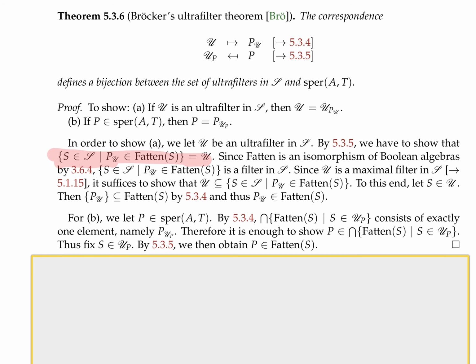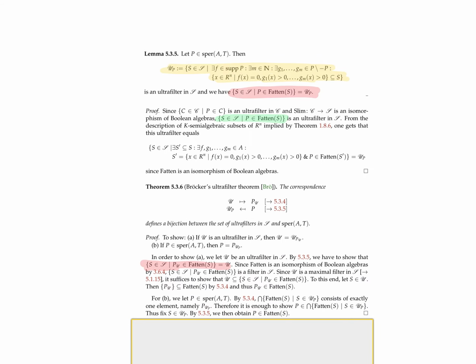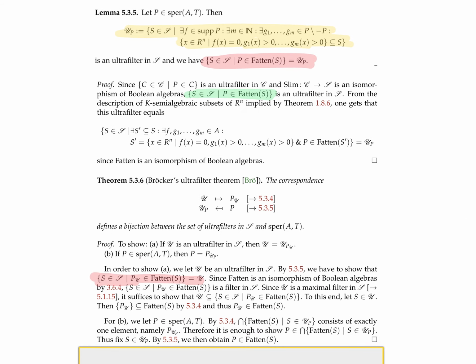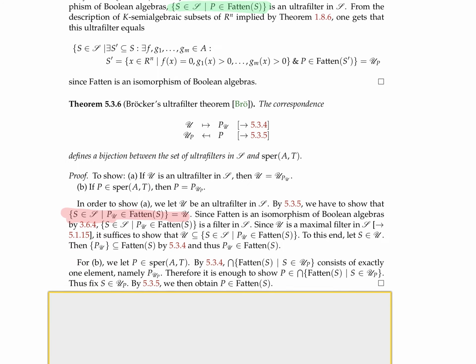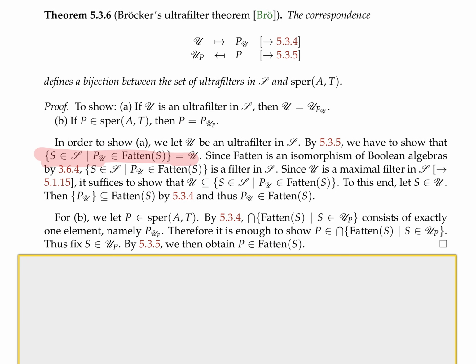Fix S in UP, and we have to show that P is in the fattening of S. But this is by 535 again. Since S is in UP, we see here that this means that P is in the fattening of S. So it's also automatic. It's just really abstract, but it's almost automatic.